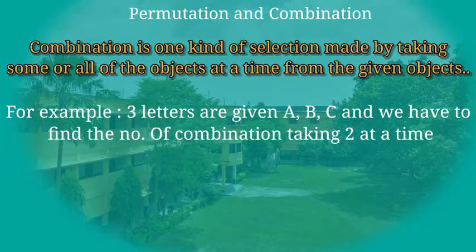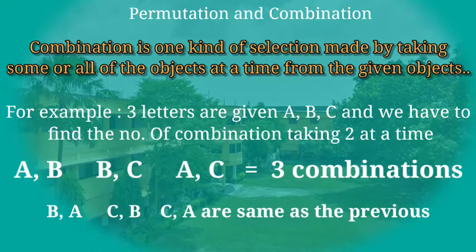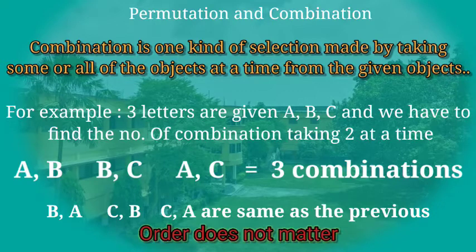For example, if I have to select two letters from the three letters A, B and C, I will take the selections AB, BC and AC. But the opposite arrangements BA, CB and CA I will not take separately, because AB and BA are the same in case of combination.